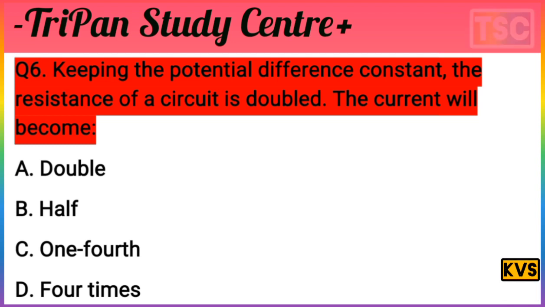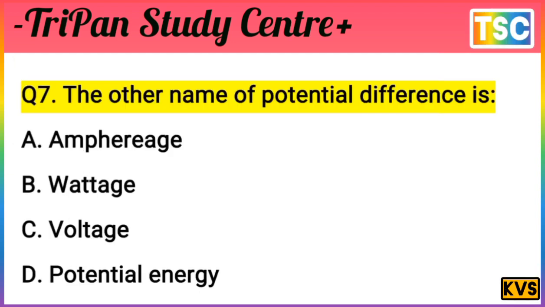Let's see the next question on your screen. The other name of potential difference is: A, amperes; B, wattage; C, voltage; D, potential energy. You know that the question is clear and very easy.